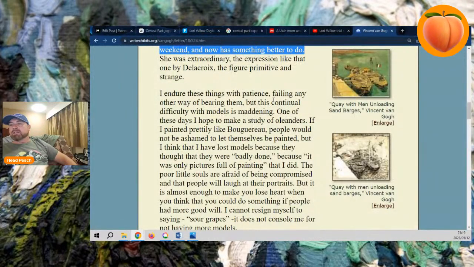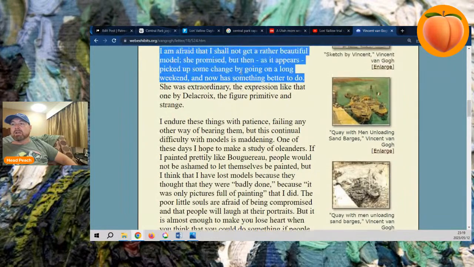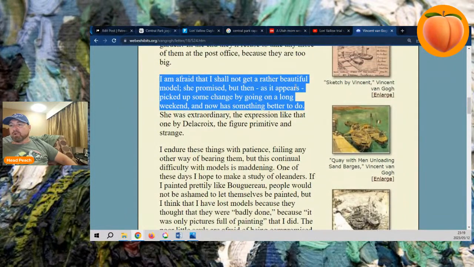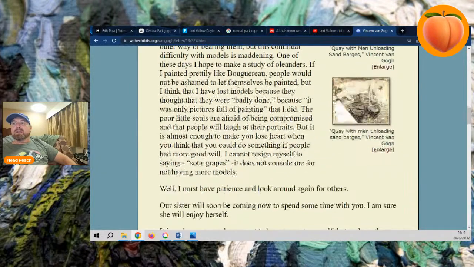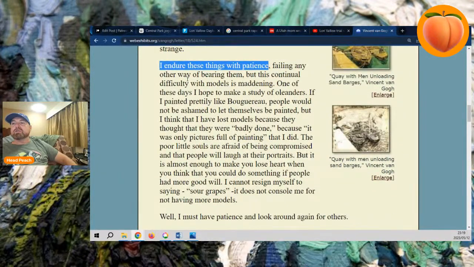Okay, so he says they've been talking about this woman who was extraordinary, and she was beautiful, but somebody else apparently snapped her up. Then he says, I endure these things with patience, failing any other way of bearing them. But this continual difficulty with models is maddening.